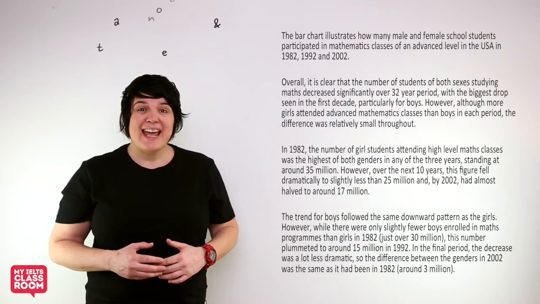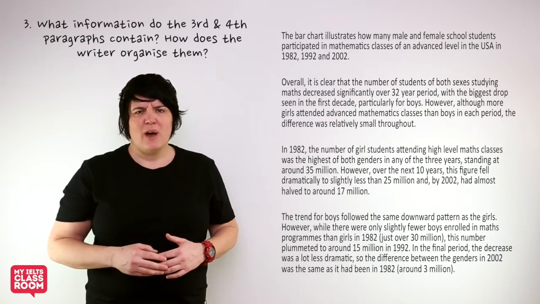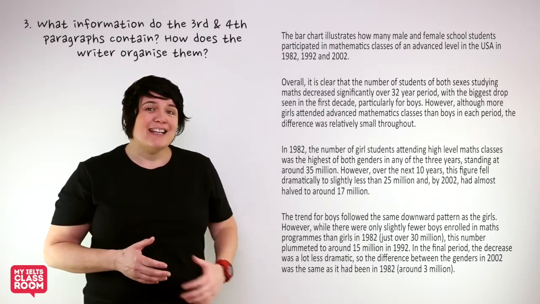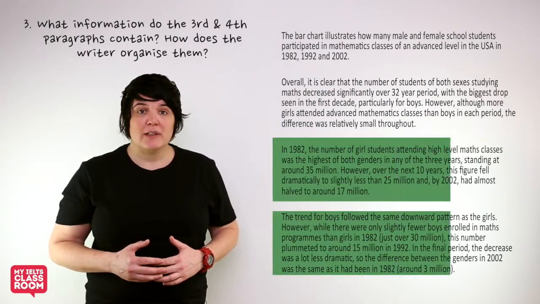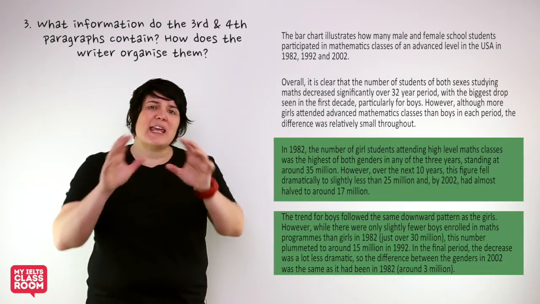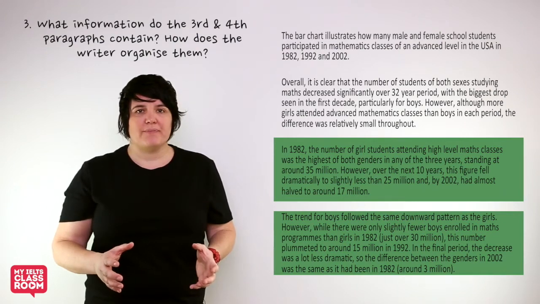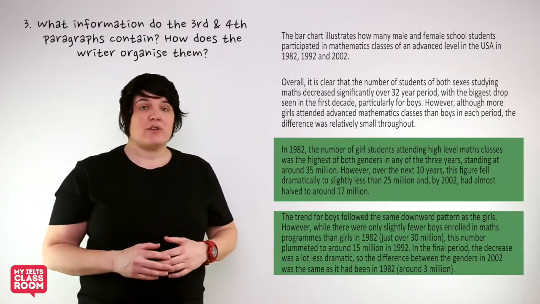Question number 3 is really 2 questions. What information does the writer include in the final 2 paragraphs? And how does he or she organise them? Let's start with the first question.